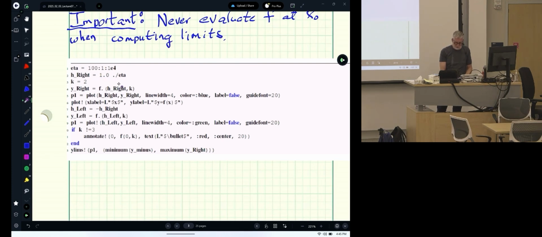So that takes 1 and makes a vector that's the same length as eta, but this is now little bitty values, and you can evaluate a function at that, and you can plot it. You can do the same thing for h's to evaluate from the left by just doing minus what you had from the right.